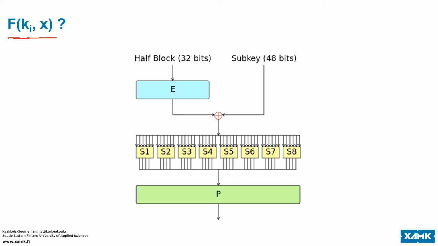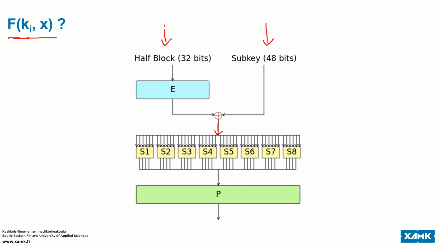Well, we take half a block of the input data, as was shown in the previous example, and then we derive the round key, and in this case this round key or subkey is 48 bits long, and half of our individual input block of 64 bits is of course 32 bits, and these are XORed together, and then the result of the XOR function is fed into a series of S boxes or substitution boxes.